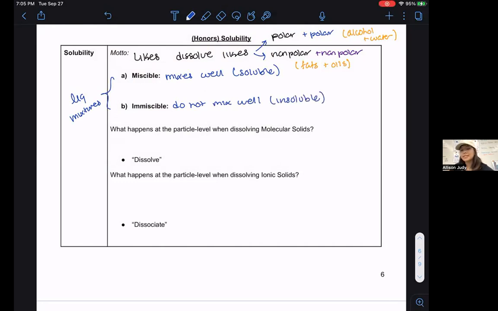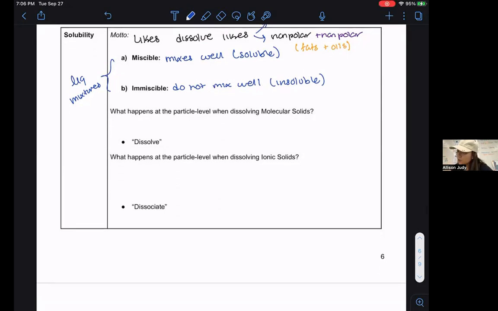This is just a specific subcategory of terminology that holds the nuance of talking about liquid mixtures. You could just say soluble and insoluble for two liquids mixing, but you would never say sugar and water are miscible because that's a solid plus a liquid. That's not what we want. So these are little nuances of communication in chemistry. If you hear miscible and immiscible, your brain should be thinking solubility between two liquids.